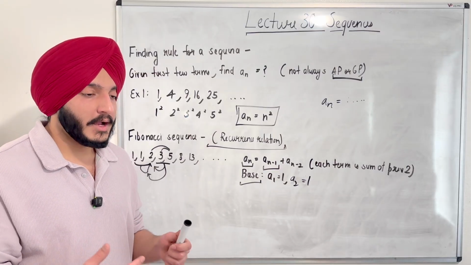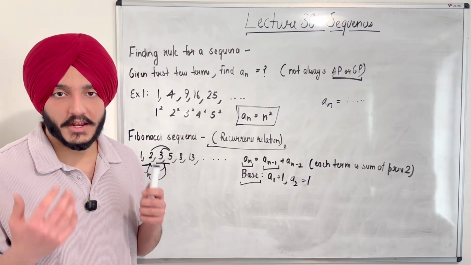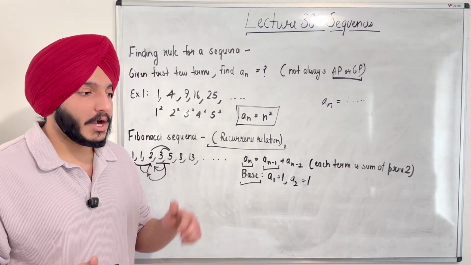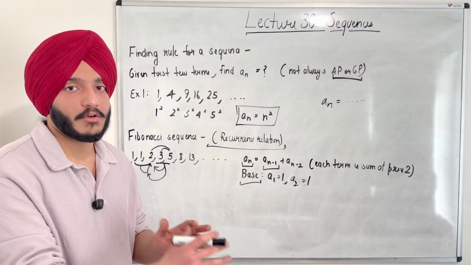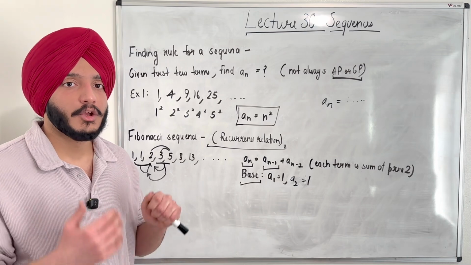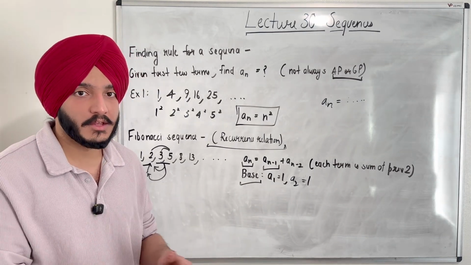So that's why, if you remember, we covered proofs and we covered induction, proof by induction, proof by strong induction, and proof by weak induction, which was to prove whether a certain sequence is actually correct or not, right? So in general, if you make a formula for something, you also have to prove it to showcase that this is going to be the correct one.